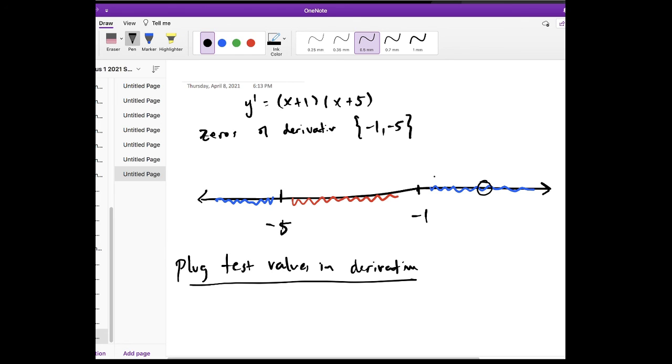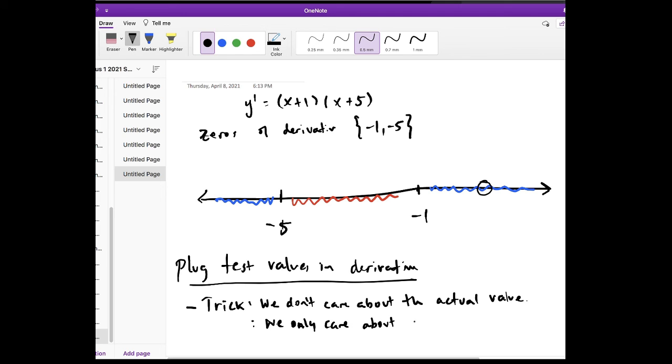So here's a little trick that I like to do. We don't care about the actual value. We only care about the sign. Remember, in the beginning, we were trying to find out where the derivative is positive and negative, which determines where the function is increasing or decreasing.